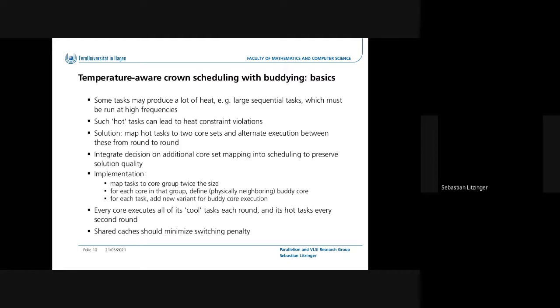So the general reasoning was that if we have some tasks that may produce a lot of heat, that could be large sequential tasks, which imply that the cores they are mapped to must run at very high frequencies, consume a lot of power, and produce heat, then this can, if you try to accommodate the deadline constraint, lead to heat constraint violations.